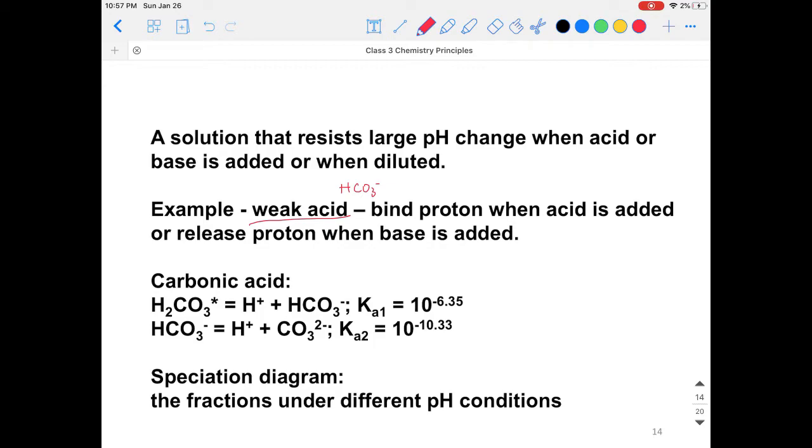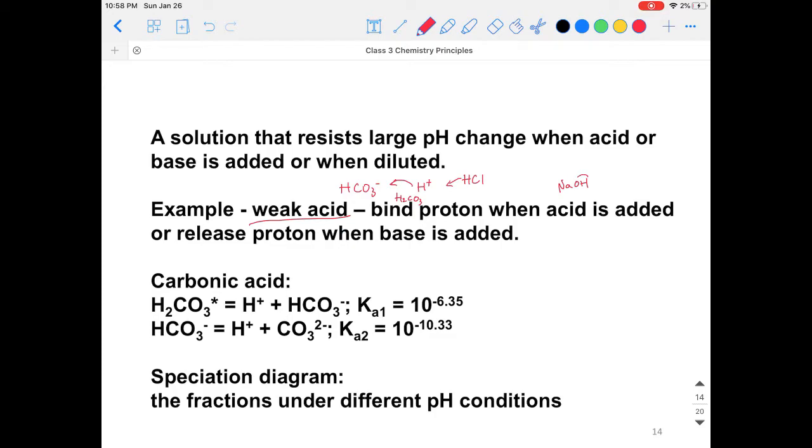For a solution containing bicarbonate ions, if we add hydrogen chloride into the solution, then the protons released from the hydrogen chloride can bind with the bicarbonate ion, and we're going to form carbonic acid.